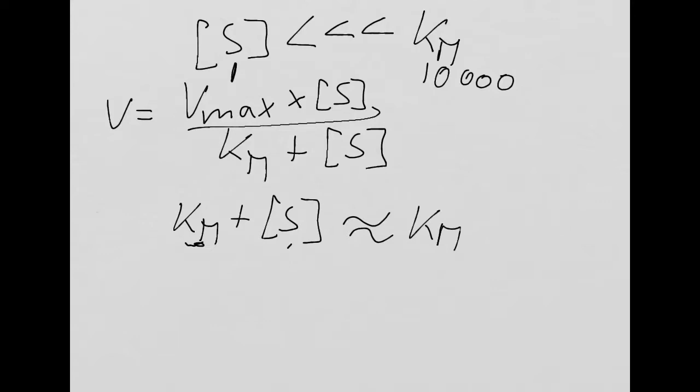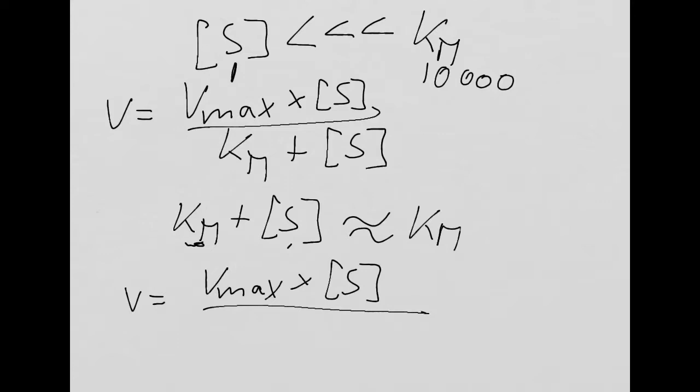So I can rewrite my Michaelis Menten equation. I can say V equals Vmax times S divided by, instead of Km plus S, just Km. Makes sense?